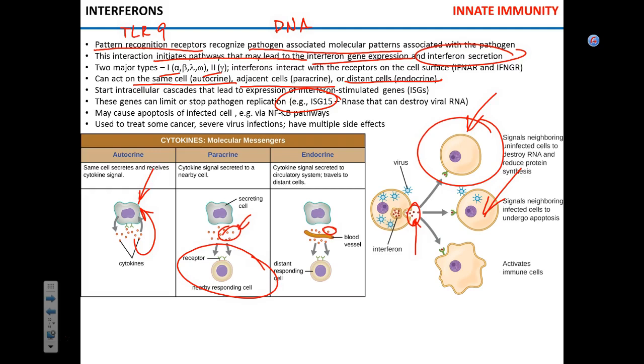Now, so apoptosis, antiviral responses such as protein synthesis shutdown or RNA destruction. What else can they do? Well, can they be used in clinical practice? The answer is yes, they can be.